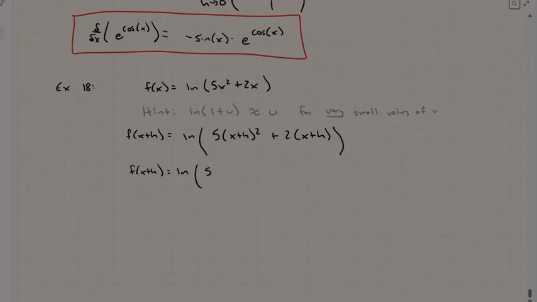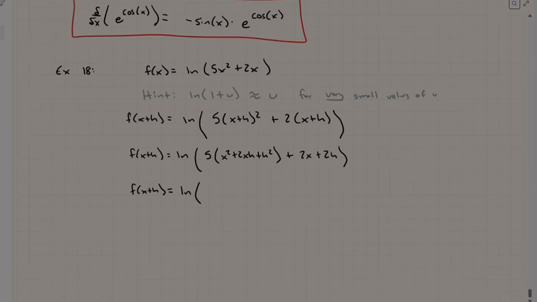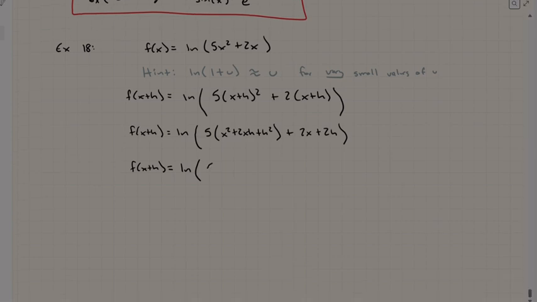So that would be 5 times, remember (x plus h) squared is x squared plus 2xh plus h squared. And then plus 2 times (x plus h) would be plus 2x plus 2h. All right, so then we're still cleaning up our f of x plus h. It's ln of 5x squared plus 10xh plus 5h squared plus 2x plus 2h. Do we have any like terms? Nope, no like terms. All right, that's good enough.